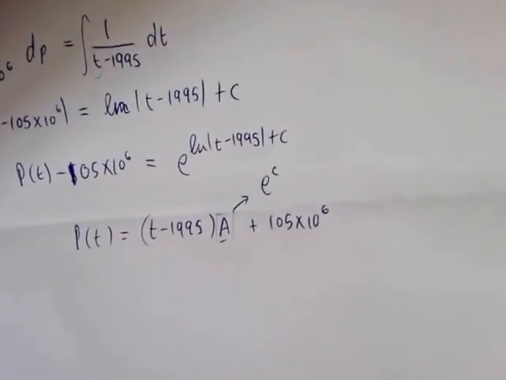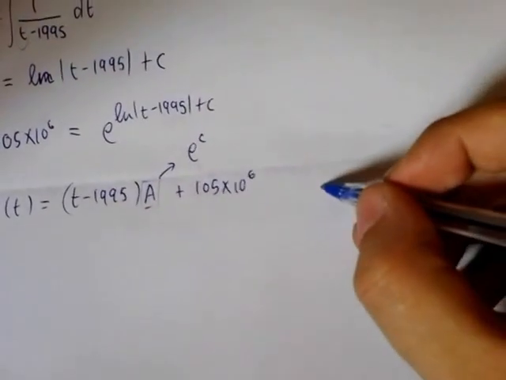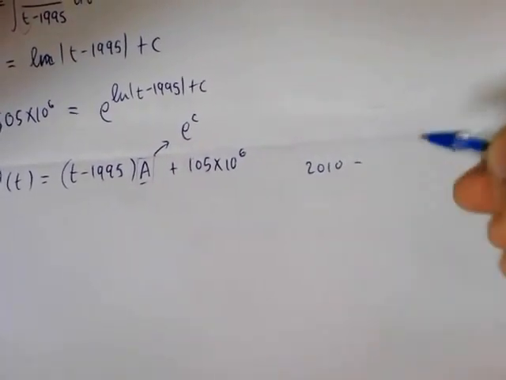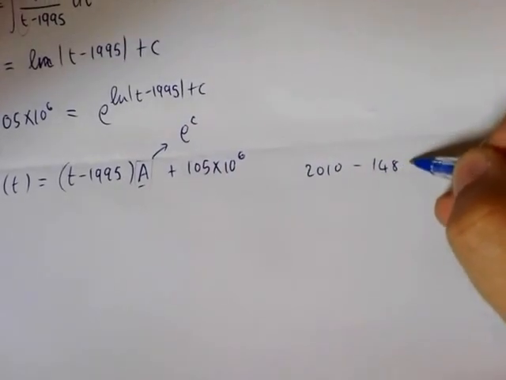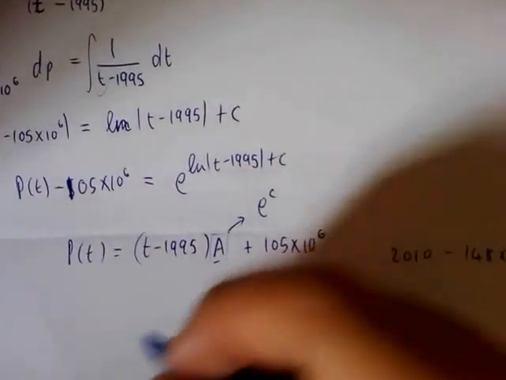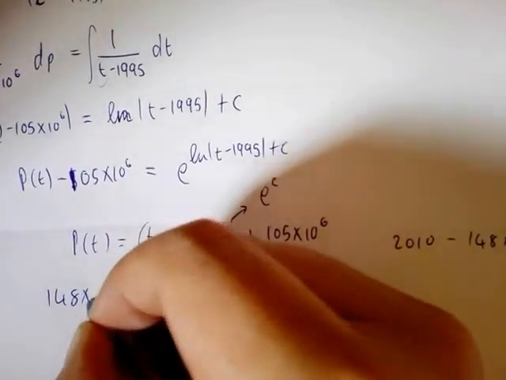Alright, so to do that we're going to be using the fact that they give us the population in 2010, which is 148 million. So we just plug in those values. 148.